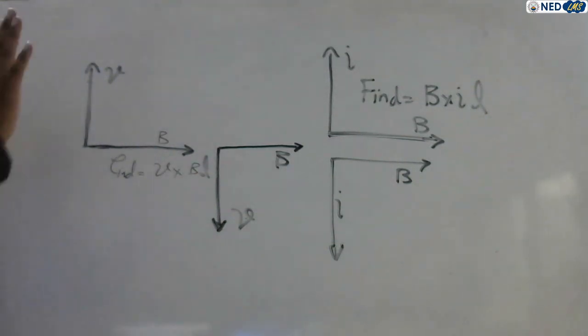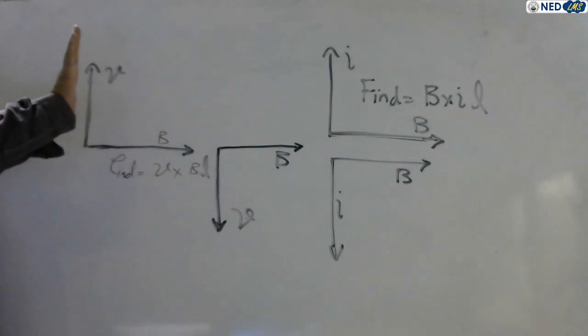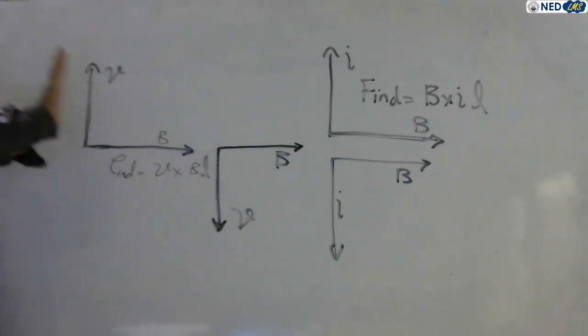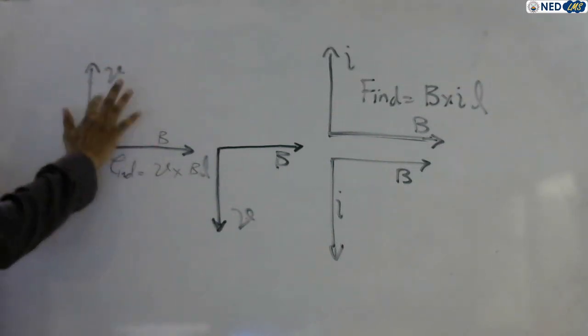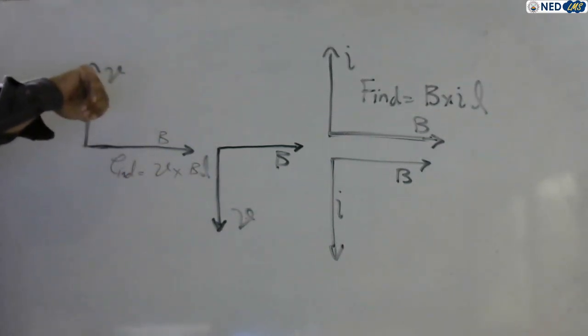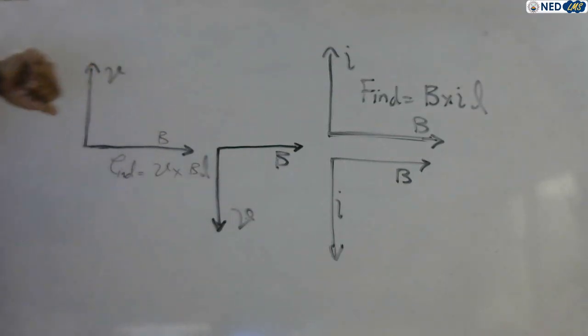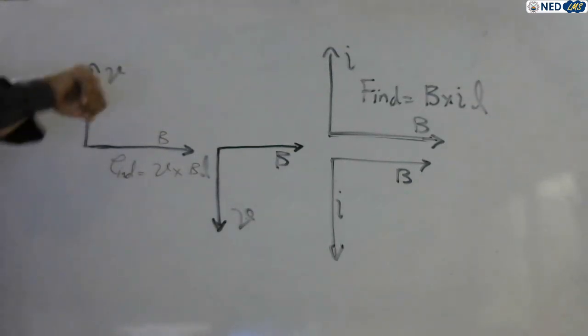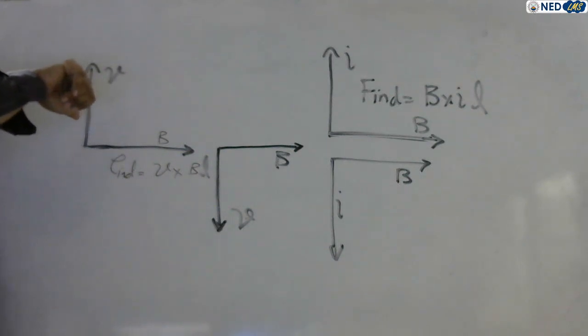If you put your right hand, the first vector, that is velocity, rotates towards magnetic field. See, your thumb will point in, right? The thumb is into the page, so the positive induced voltage is into the page, or current flow is inward, right?